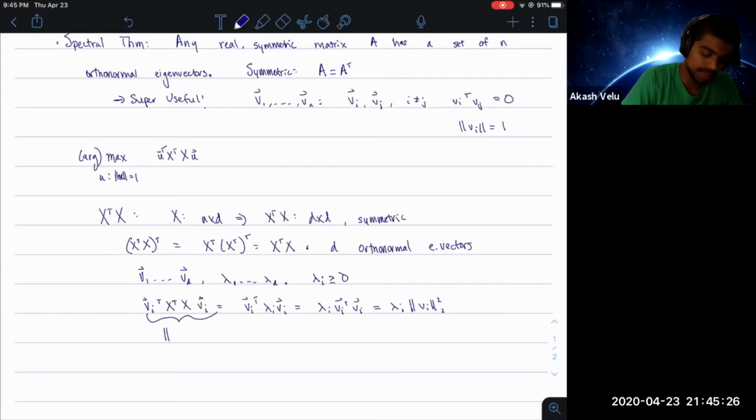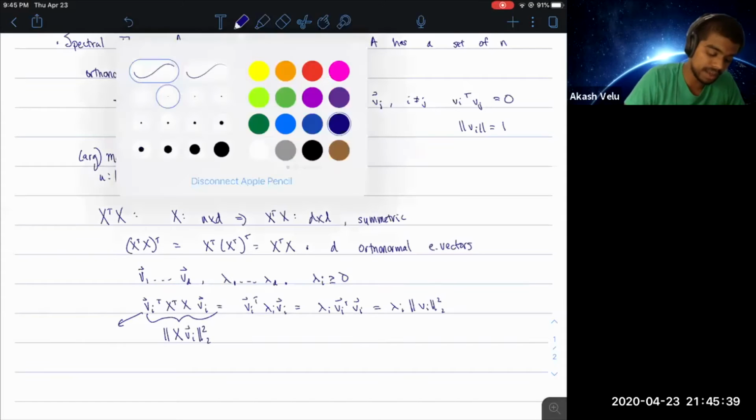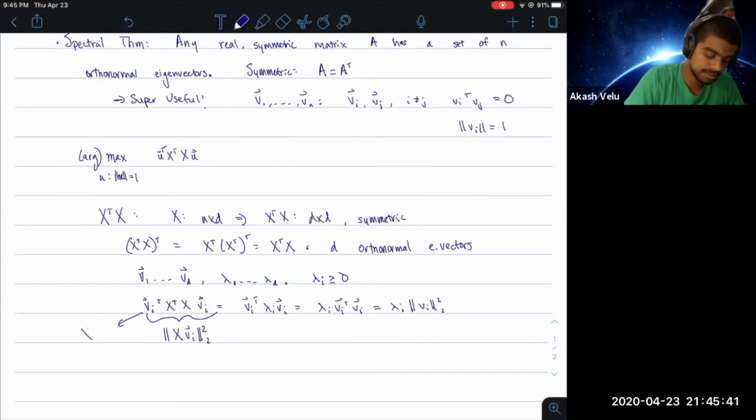This quantity right here is the same as norm of X Vi squared. And to see this, first we can write this as X Vi transpose X Vi, which is the same as X Vi norm squared.